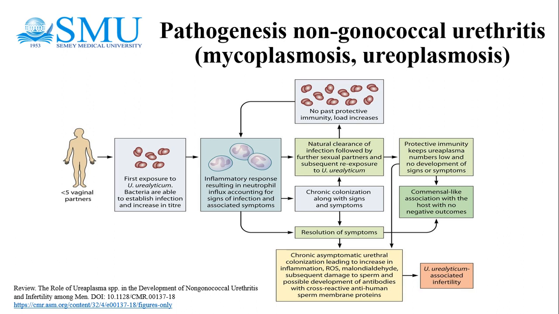And the resolution of symptoms leads to chronic asymptomatic urethral colonization, leading to increase in inflammation and reactive oxygen species, malondialdehyde, and subsequent damage to sperm and possible development of antibodies with cross-reactive anti-human sperm membrane proteins.